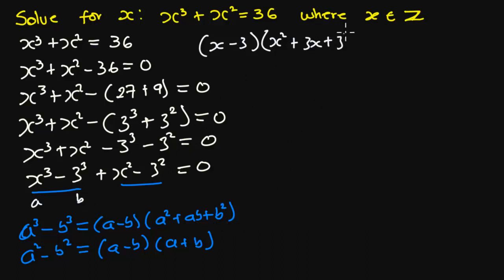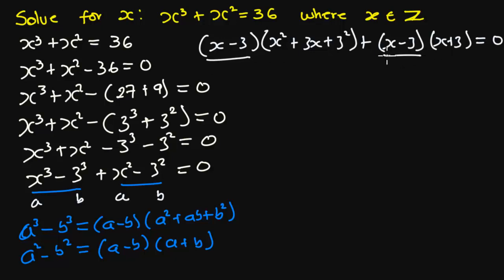So we are going to have 3 squared plus, and then from the second term, this becomes our a and then this becomes our b. So we are going to have a minus b, so x minus 3. So we're going to have x minus 3 multiplying a plus b, so x plus 3, and this is equal to 0.